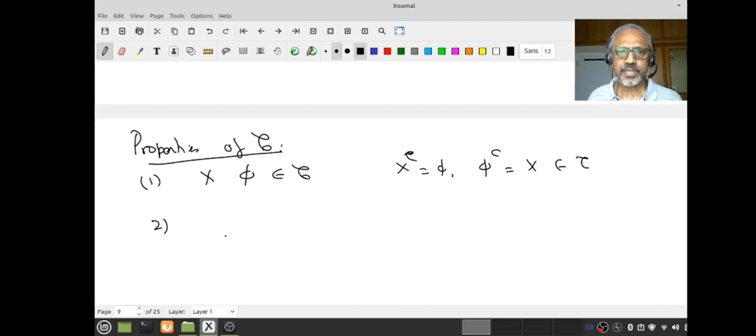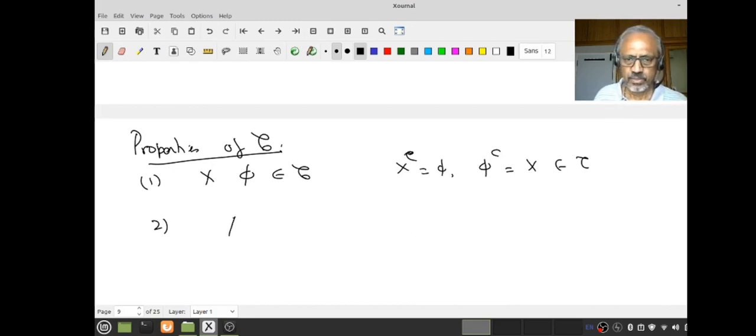Should I worry about arbitrary union of closed sets or arbitrary intersection? Think. Because finally whatever I want to do should be deduced from the fact about tau, that an arbitrary union of open sets is open. Do you understand what I am saying?